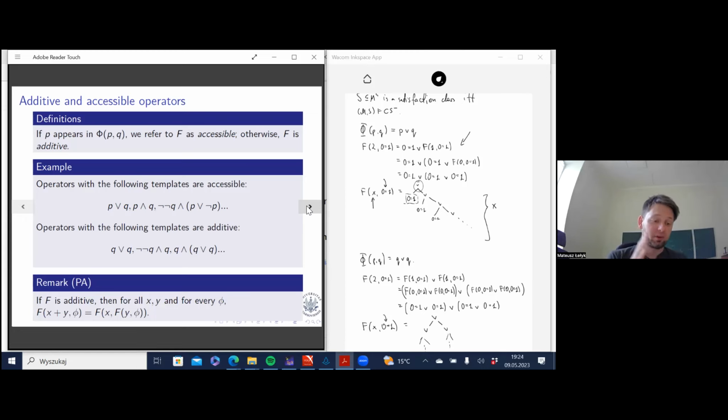So where does this name come from? I guess the intuition for why accessible should be clear. Why additive? Well, this is because additive operators satisfy the following equation. For every x, y, this is provable in PA: f of x plus y phi is the same as f of x of f of y phi.